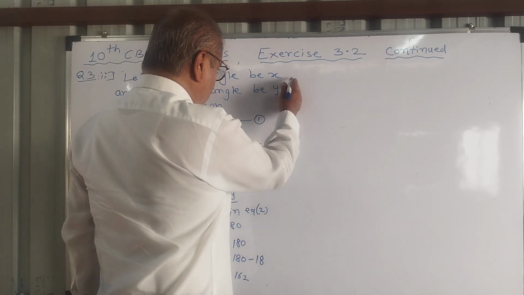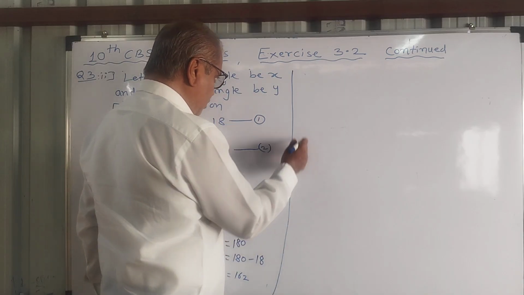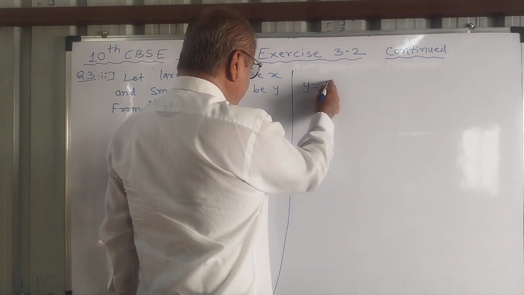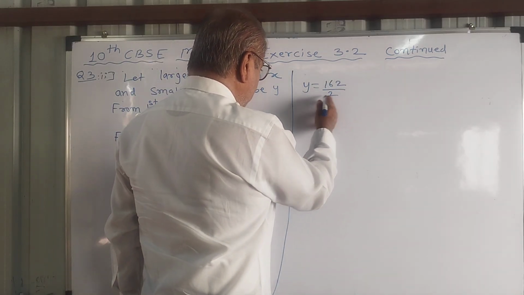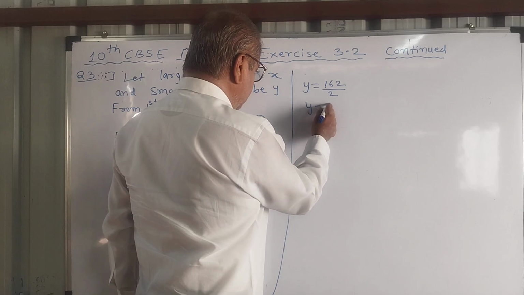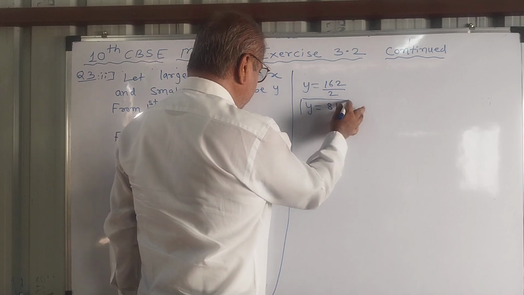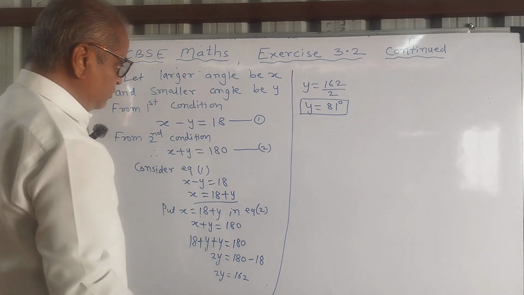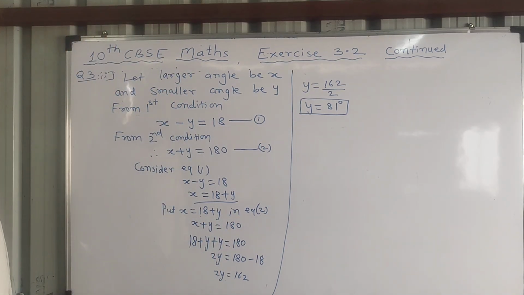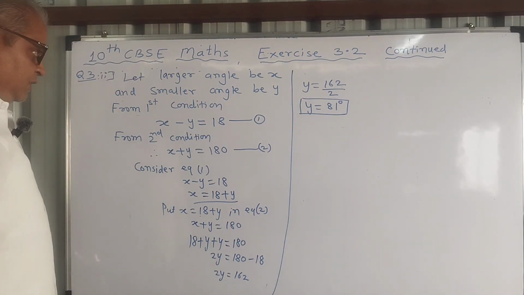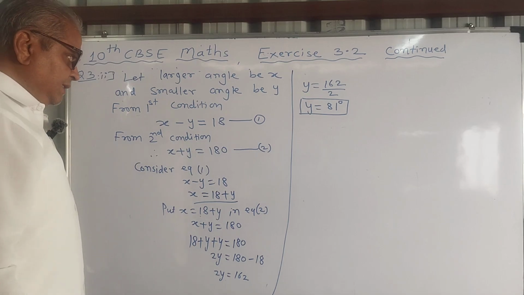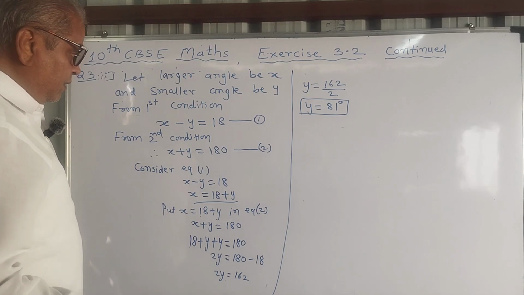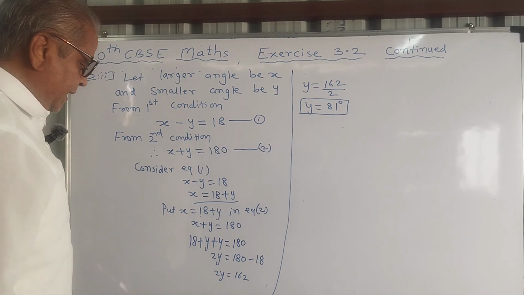So y is equal to 162 upon 2. So y is equal to 81 degrees. Because it is an angle, we need to mention the unit. Degree is very important. At least we should write it in the final answer, the measure of angles in degrees.